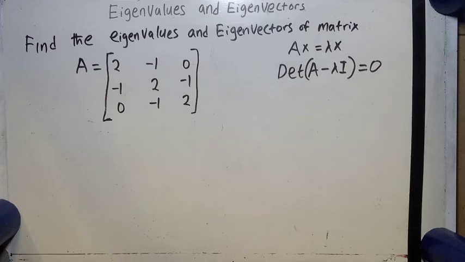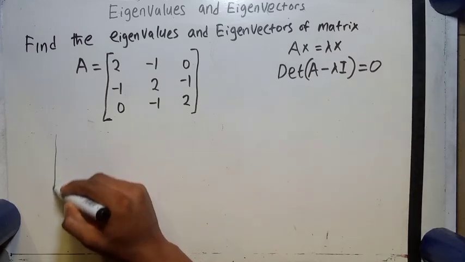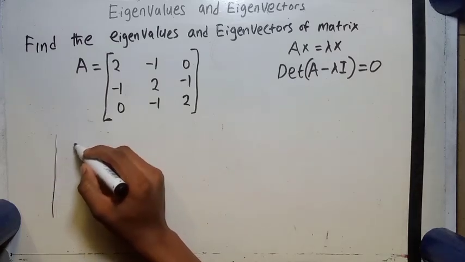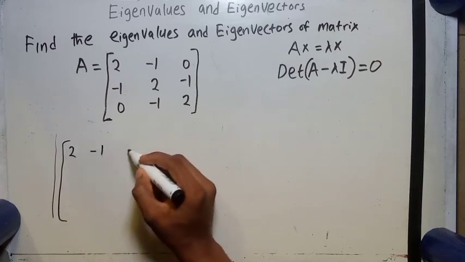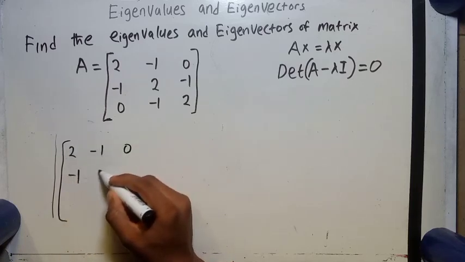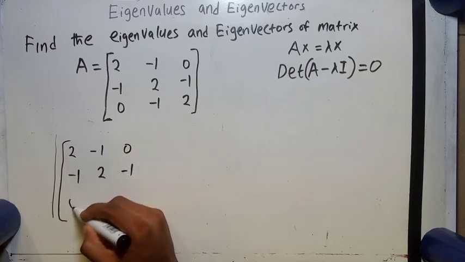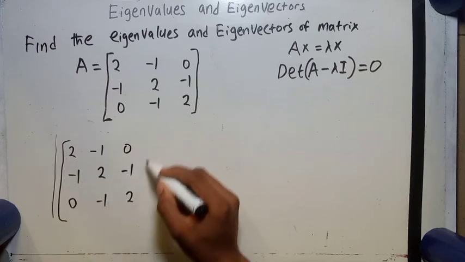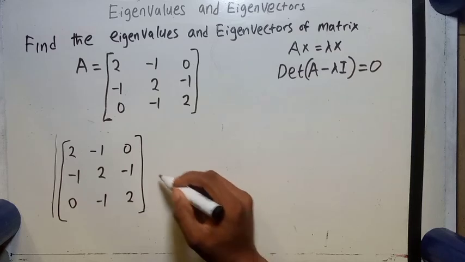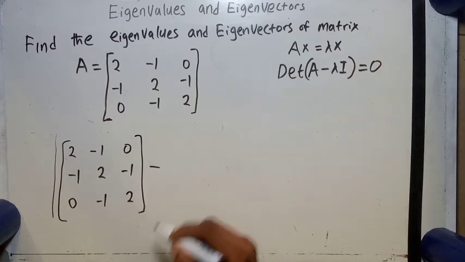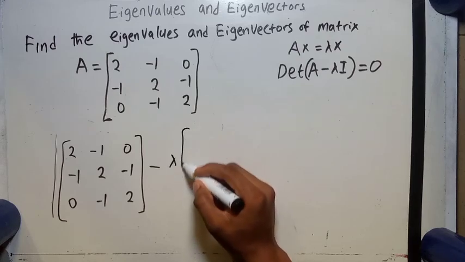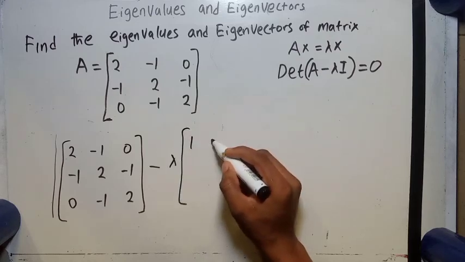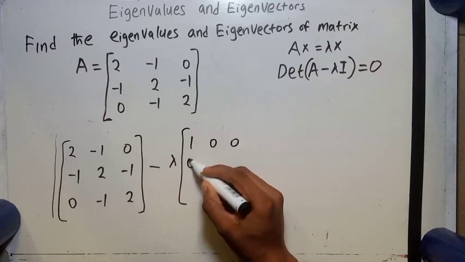Let's do that. The determinant of A, representing the whole of that 3 by 3 matrix, 2 minus 1 0, minus 1 2 minus 1, 0 minus 1 2. Then we will subtract from it lambda, which is multiplying a 3 by 3 identity matrix.